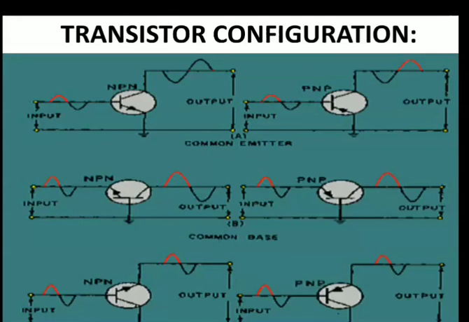So that terminal has to be grounded. So in common emitter, the emitter should be grounded, in common base, the base should be grounded, in common collector, the collector should be grounded. But the only difference is in NPN, the arrow symbol should be pointing out, whereas in PNP the arrow should be pointing in.